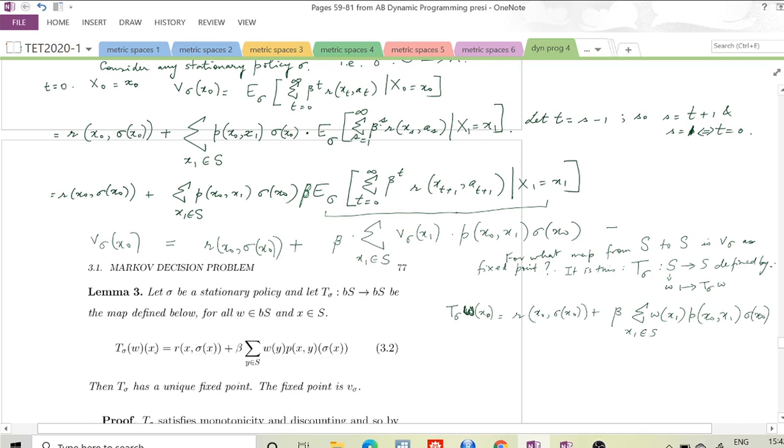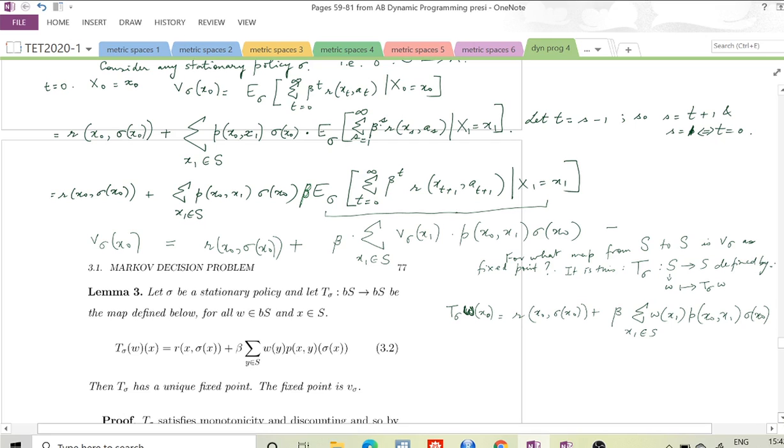So here, instead of using my x naught, x1 notation, we are just using x for a state and y for tomorrow's state, instead of x naught for today's and x1 for tomorrow's, right? So let it be defined as follows for all value-like functions w and all states x. Then T sigma has a unique fixed point, and that fixed point is V sigma. We've already shown that V sigma is a fixed point, okay? It remains to show that this is the unique fixed point.